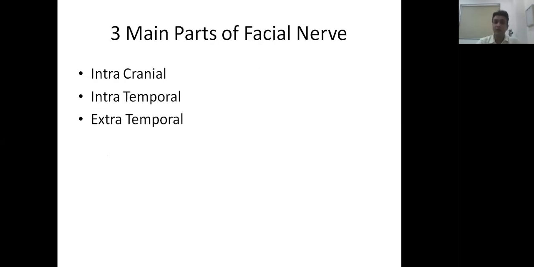So for the facial nerve, there are three main parts of the nerve. There is an intracranial course, an intratemporal course, and then an extratemporal course. Intracranial part means before the nerve enters the internal auditory canal of the temporal bone.